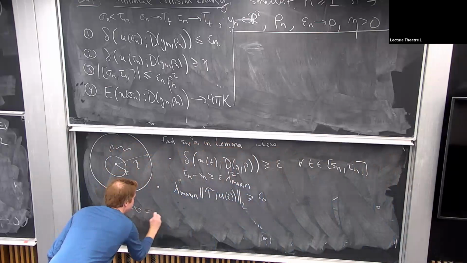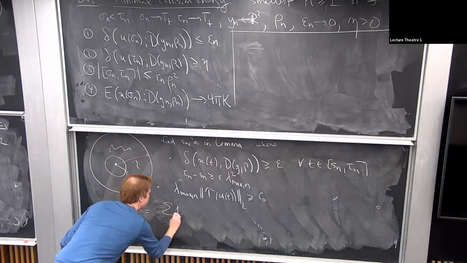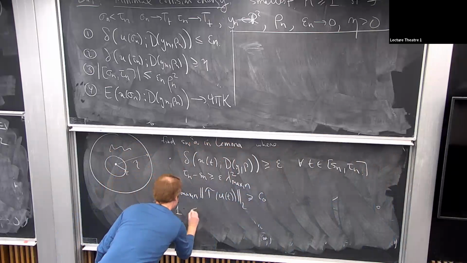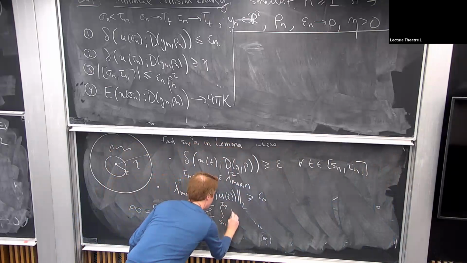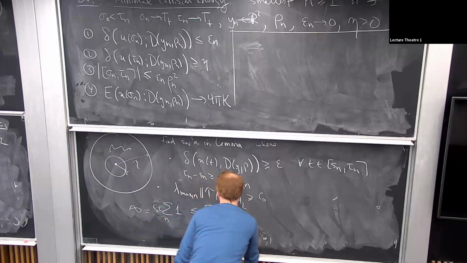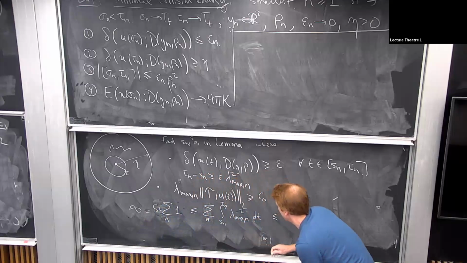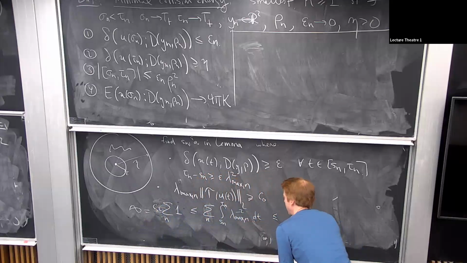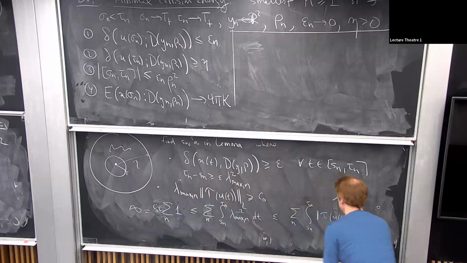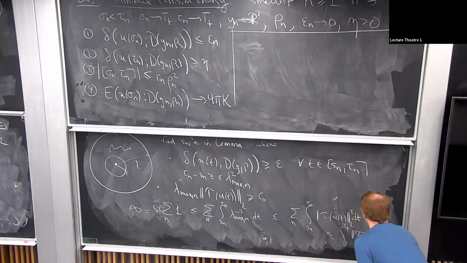But now I have that the sum of C naught epsilon is less than or equal to the sum in n of the integral from S_n to tau_n of the tension, and since these are disjoint intervals, this is bounded by the whole integral from 0 to T plus of the tension. And this is less than infinity by the Struwe theory.